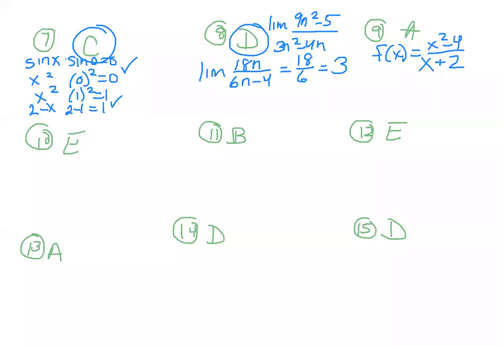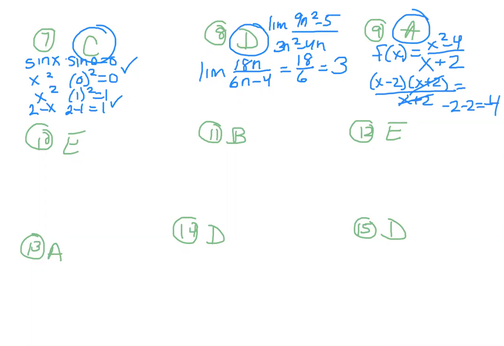So we have to simplify this. We're going to factor the top, and these can cancel. Now we'll substitute a -2 in, so we'll get -2 minus 2, which is -4, which is A. So that's the answer for number 9.